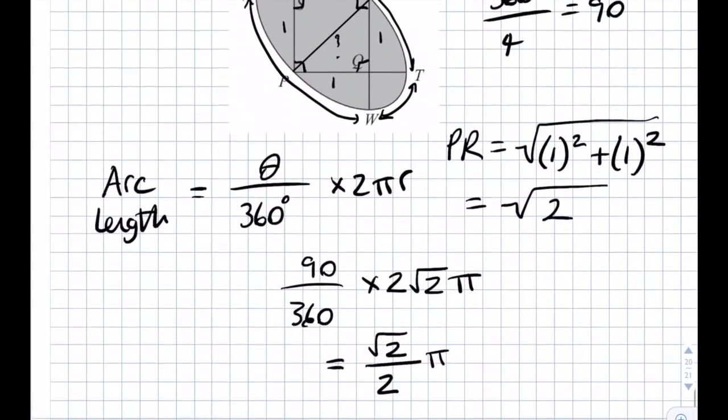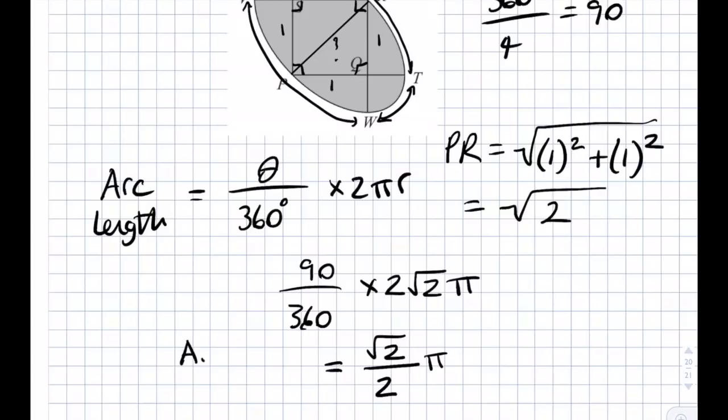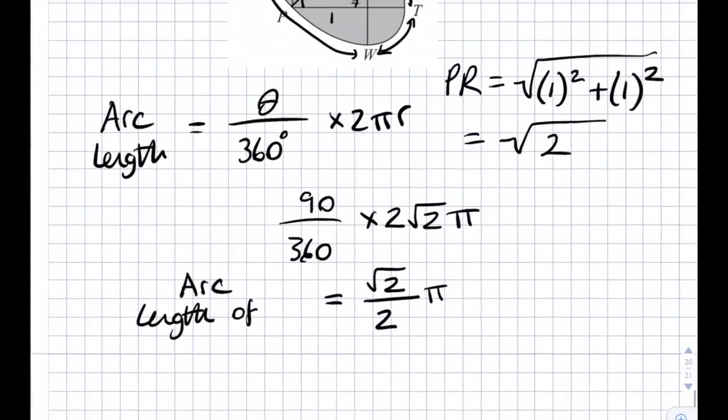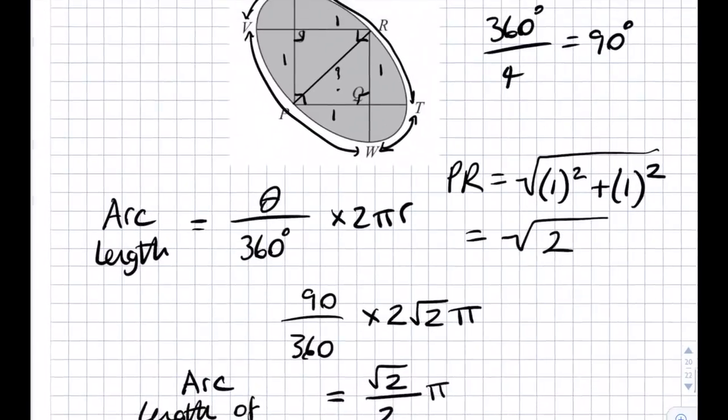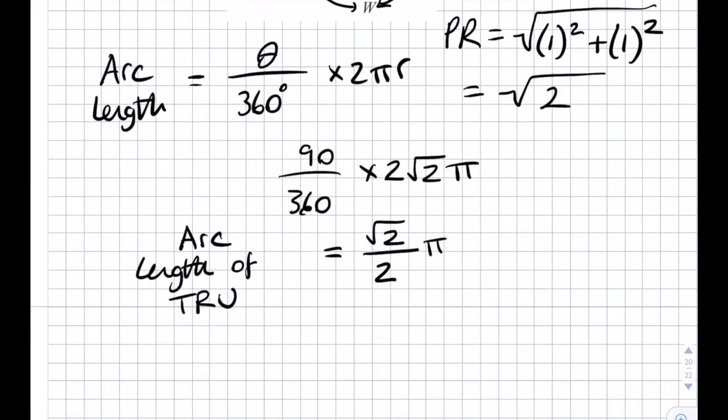That is the arc length of TRU, but it is also the arc length of VPW. So we can multiply this result by 2, and both of those arc lengths together come to root 2 pi.